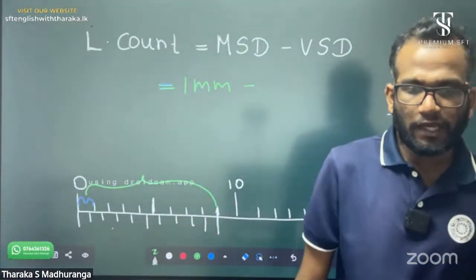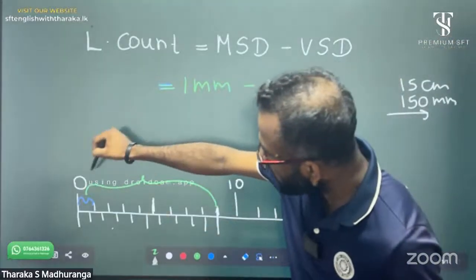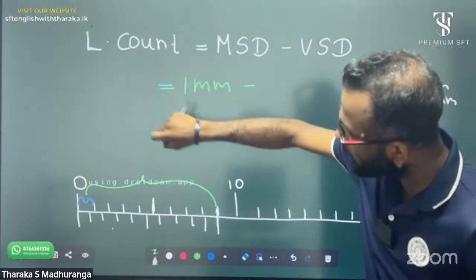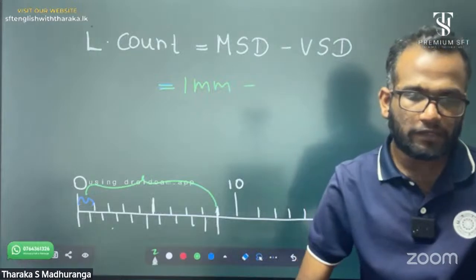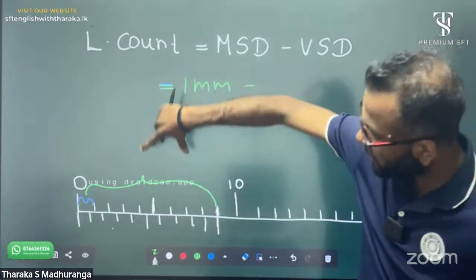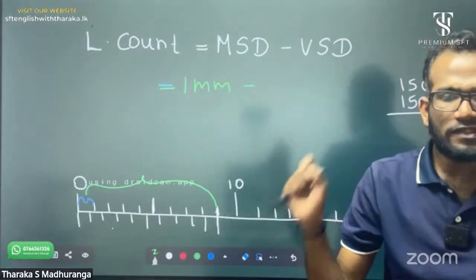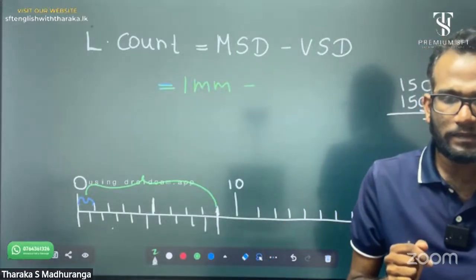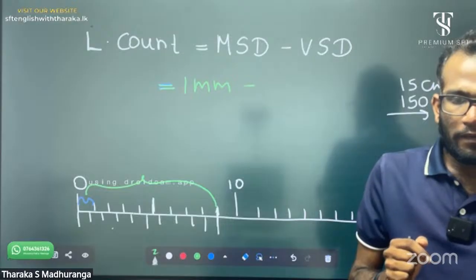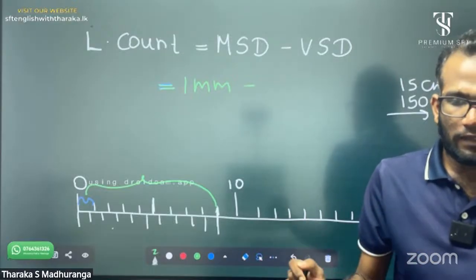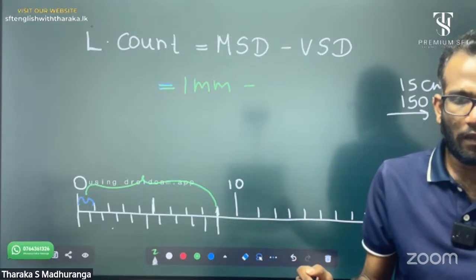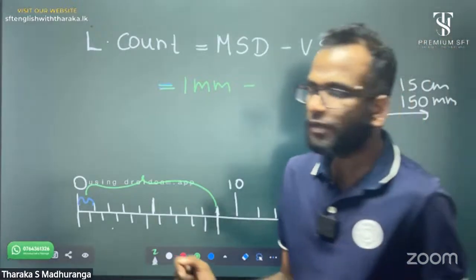Vernier scale division, now you can see 9 millimeter gap divided into 10 identical parts. Right? Then what is a VSD? What's the VSD? Very good.